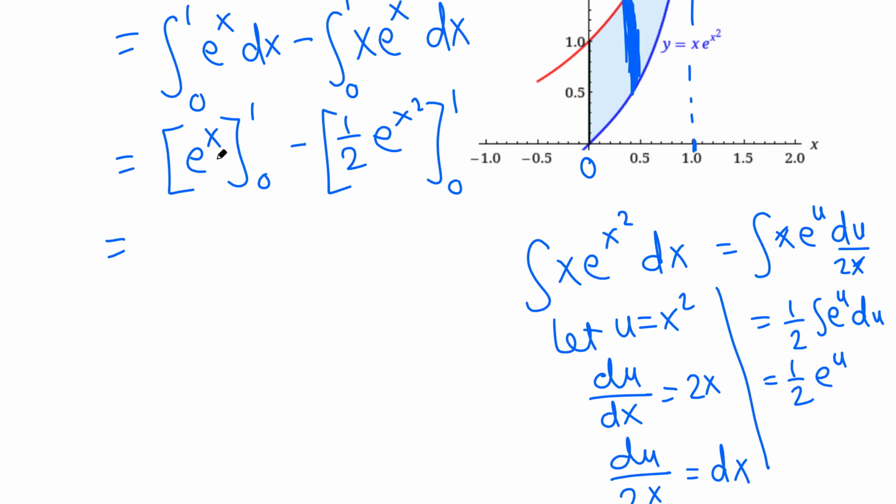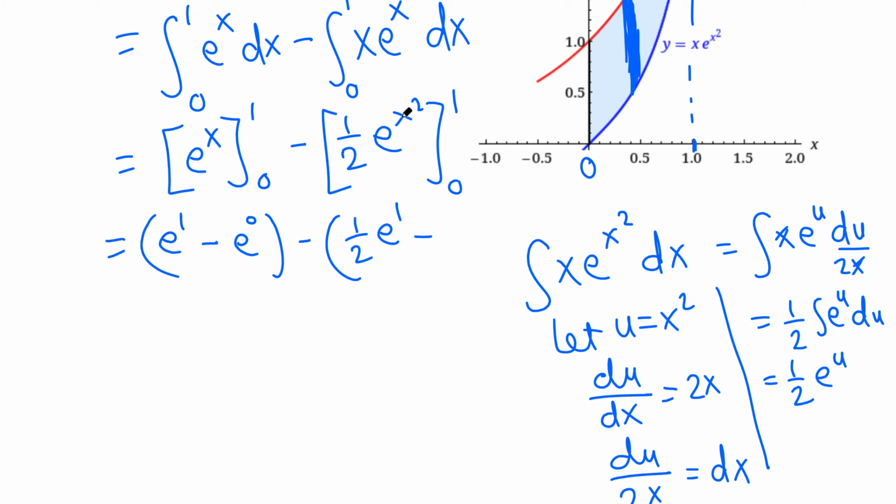Okay. For this part now, upper limit e raised to 1 minus lower limit e raised to 0. Minus, same thing here, upper limit 1 means 1/2 e raised to 1 squared, just 1.